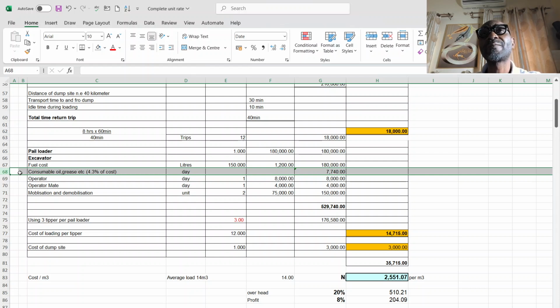Say in a month you have kept the record of the cost of the grease and the engine oil you have used to service a particular equipment. You now divide it by the amount that the equipment generated for that one month during the hiring, because it was used for that amount to come into your coffer.